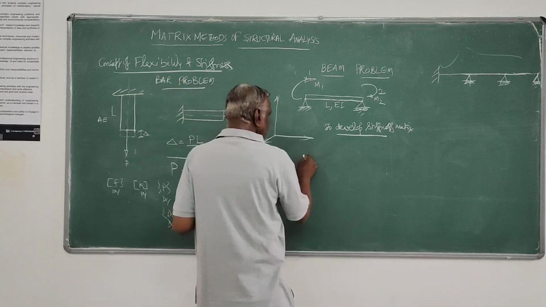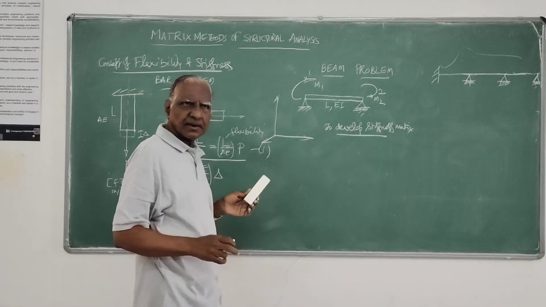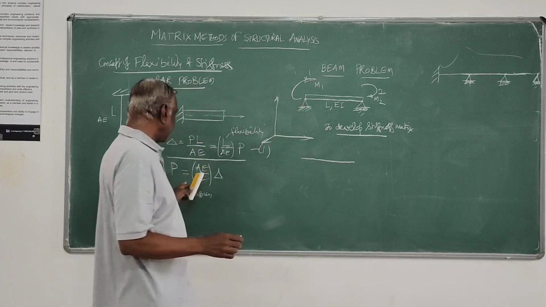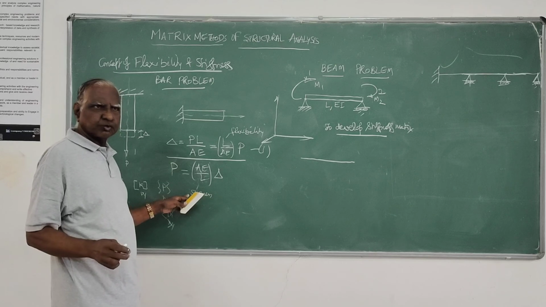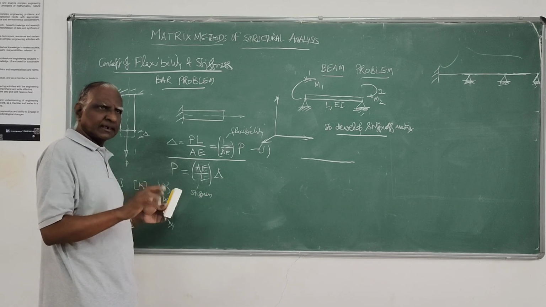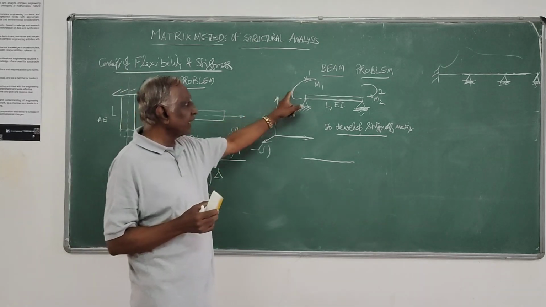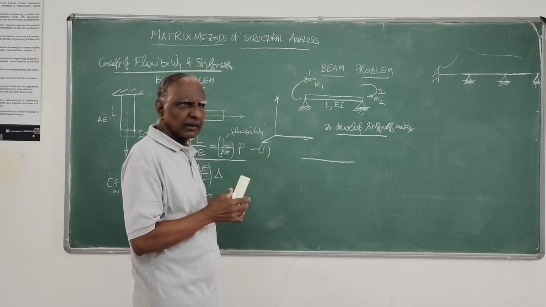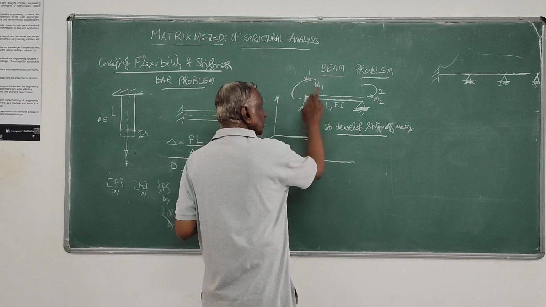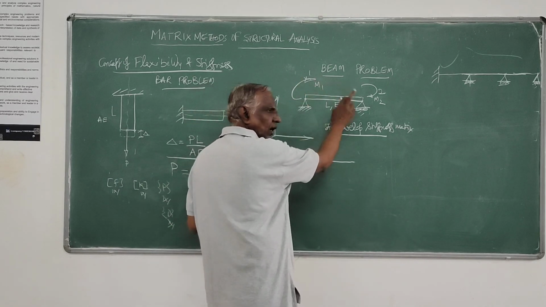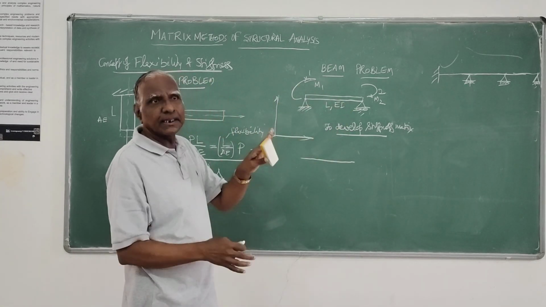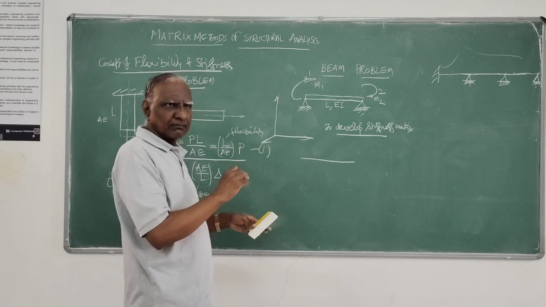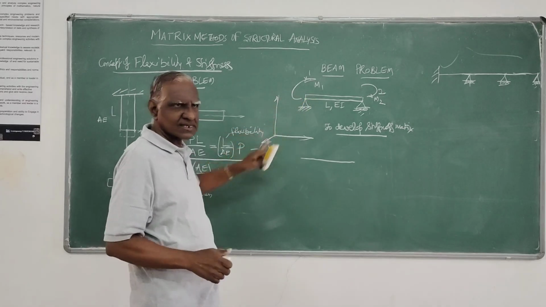To derive this stiffness matrix, already I have defined stiffness matrix is the force due to unit displacement. So here I will remove both M1 and M2 to start with and apply only unit moments in the direction of M1 and M2 independently, separately. Then I will add, right? You will get this result.